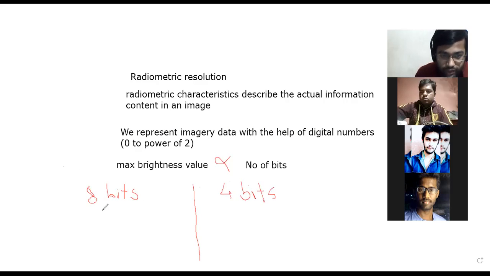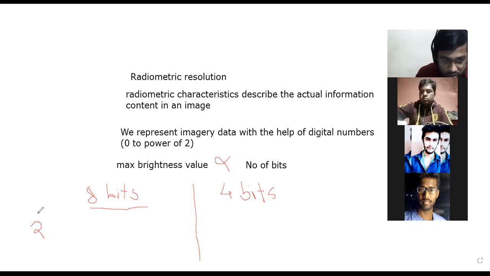Here I am comparing 8 bits radiometric resolution and 4 bits radiometric resolution. First we'll calculate the digital numbers for 8 bits. Your digital number starts from 0 and goes up to the power of 2.